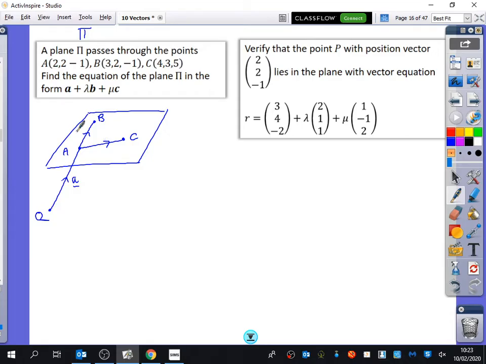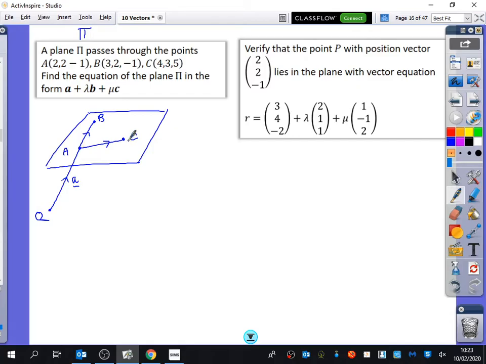Now I have selected the vectors AB and AC. But what other vectors could I have selected? I could have done BC and BA, I could have done BC and CA, I could have done any combination of two vectors that are on the plane. And for my position vector to begin with, I didn't need to pick A as the position on the plane.